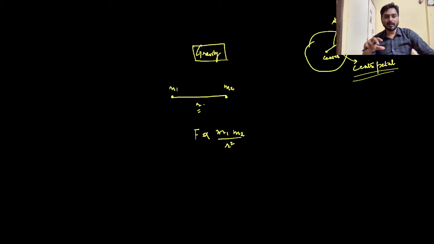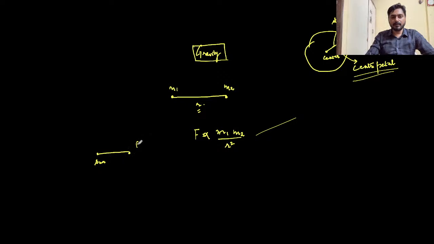Now coming back, how do we apply this concept of gravity when we are talking about our solar system? If we take the sun, so here is the sun and here is the earth.